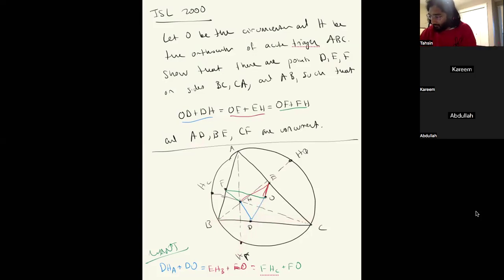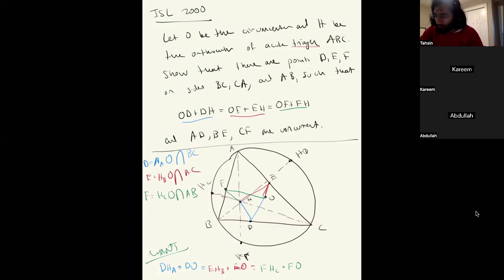So the idea is D should be HAO intersect BC, and then E should be HBO intersect AC, and F should be HCO intersect AB.